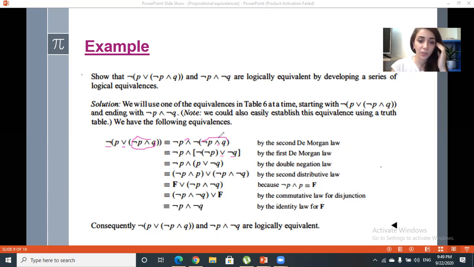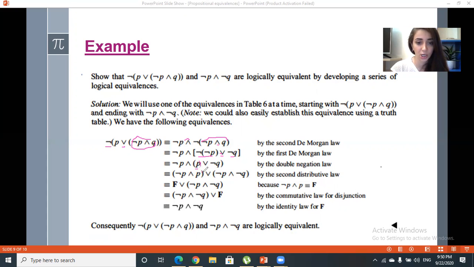Okay, so we know that the double negation of P is P itself. So we write ¬P ∧ (P ∨ ¬Q). This is by the double negation law.